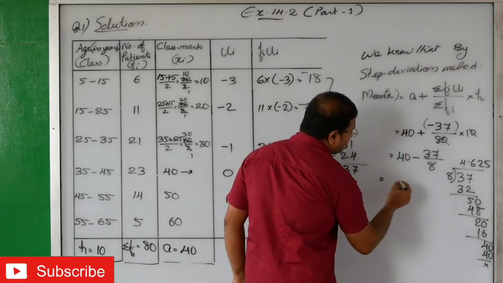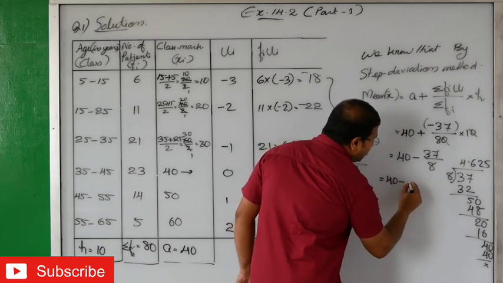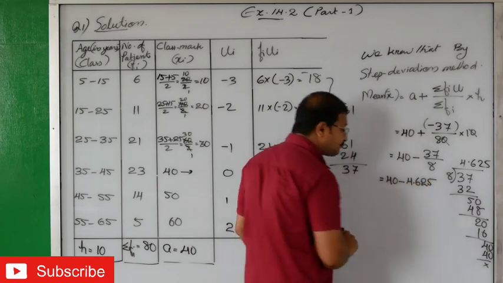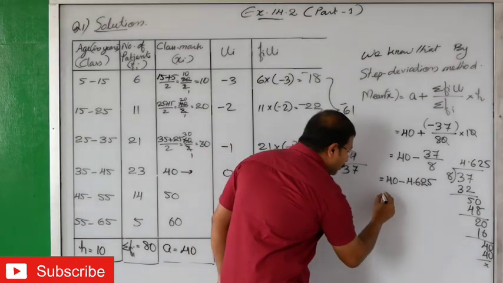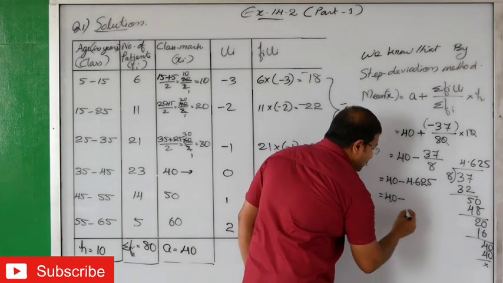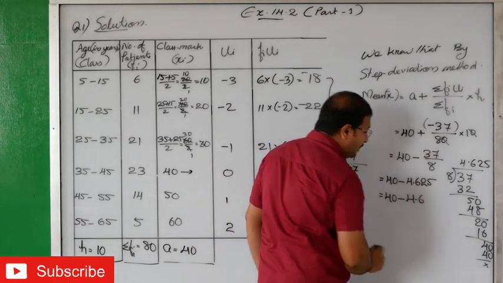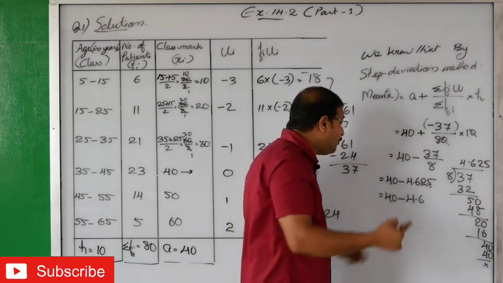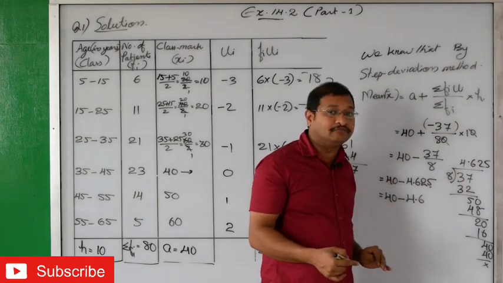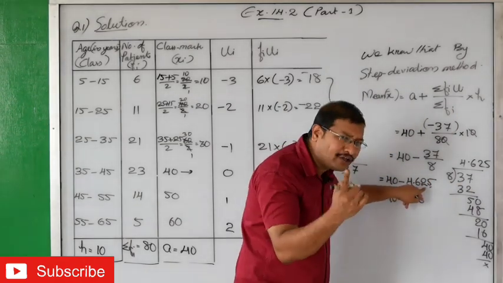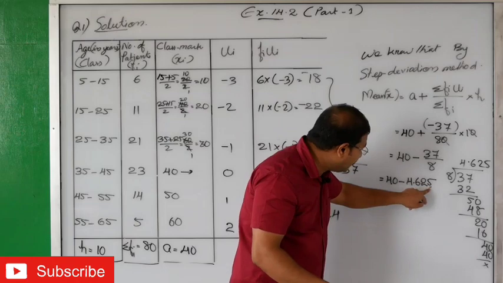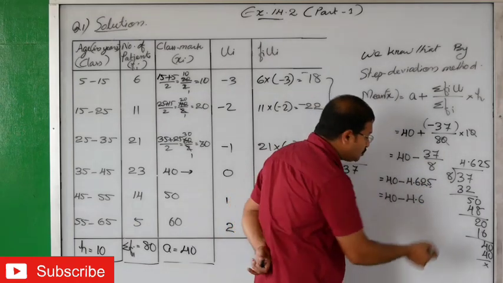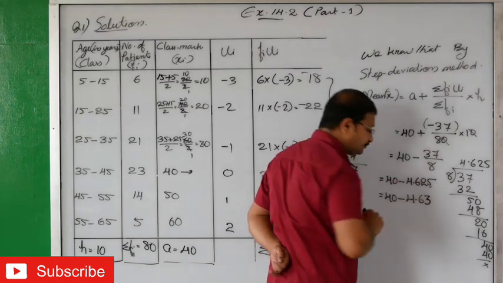This equals 40 minus 4.625. Ready? Equals 40 minus 4.6, and see, the last number is 5. If it is 5 or more than 5, we have to add 1 and remove the 5. That means in place of 2, what can you write? 3, because it is 5. So removing this 5, we add 1 here, and 2 becomes 3.